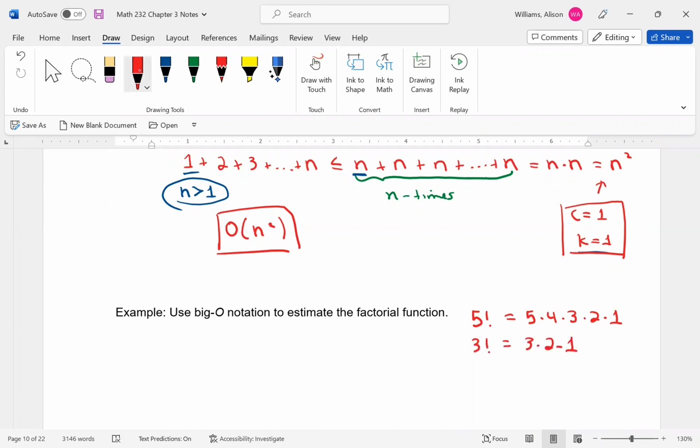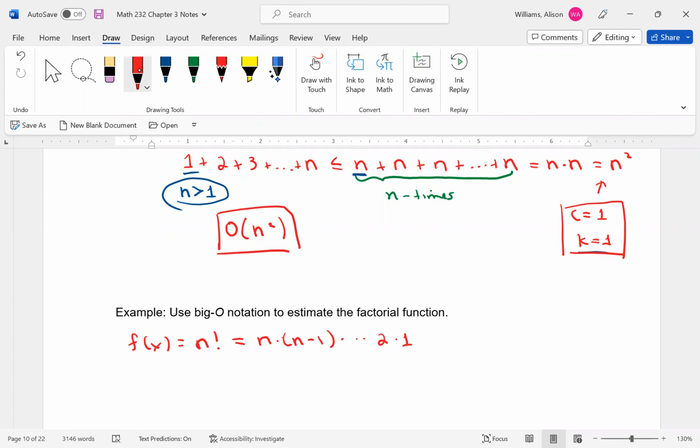So if we're working with any factorial, we'll go ahead and call that n factorial. And n factorial then is n times n minus 1 times n minus 2, all the way down to 1, right? It's just going to always get down to the same numbers at the end. Okay, so there's n factorial.